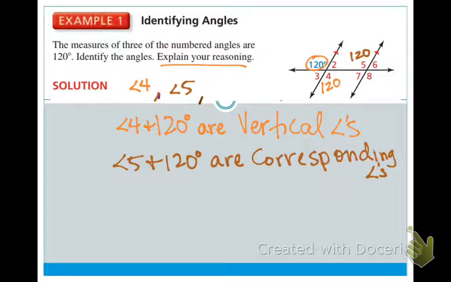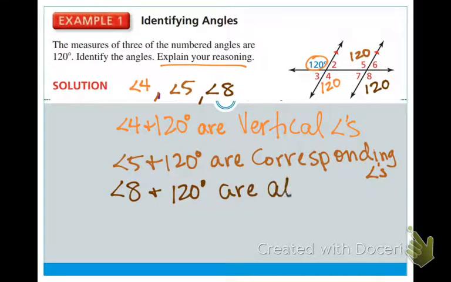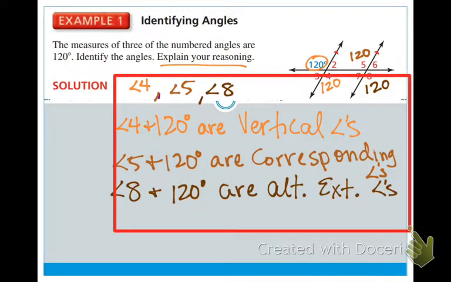Alternate interior are 4 and 5, they're already marked. Do we have any alternate exterior with 120 degrees? Yes, what angle is that? 8. Good. So the reason we picked angle 8 and 120 are alternate exterior angles. So this entire thing would be your answer. All of that.